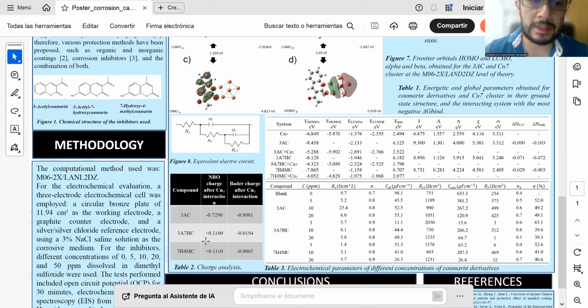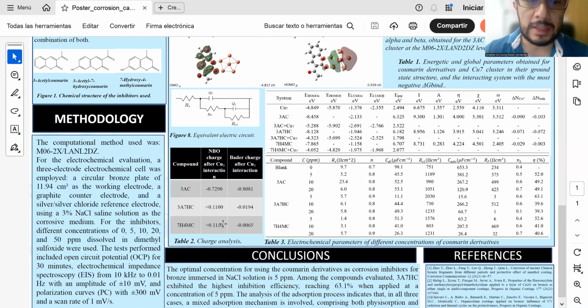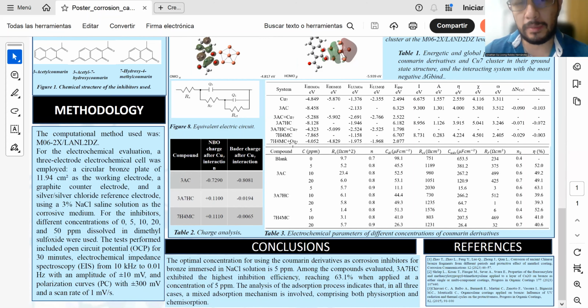Okay, in table 2, we can see the charge analysis. We made a charge analysis to know how is the MBO charge after the copper interaction and how is the Bader charge analysis after the copper interaction, to know how is going to be the charge transfer process between the copper and the organic compound.